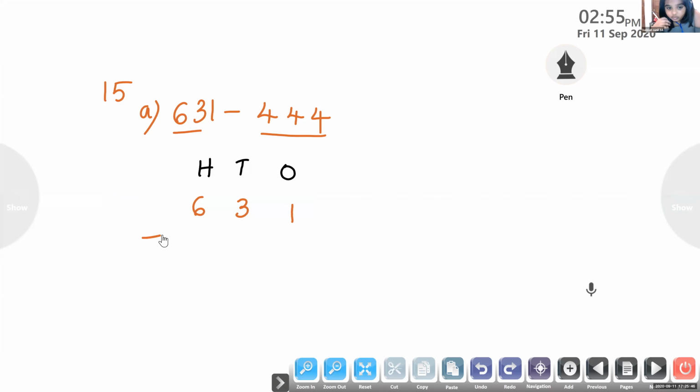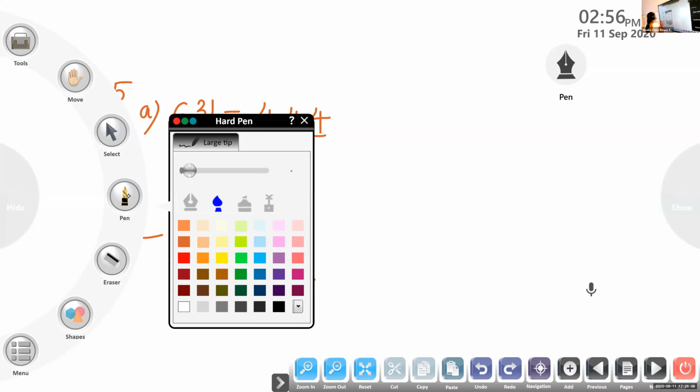631 minus 444. Okay. Now, which are the ones place digits? 1 and 4. So 1 minus 4. Can we subtract 1 minus 4?